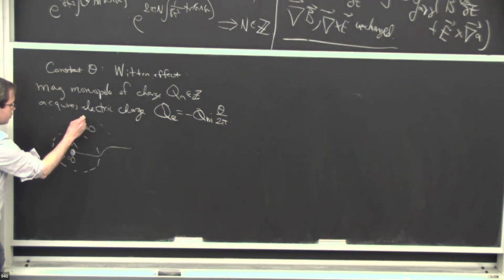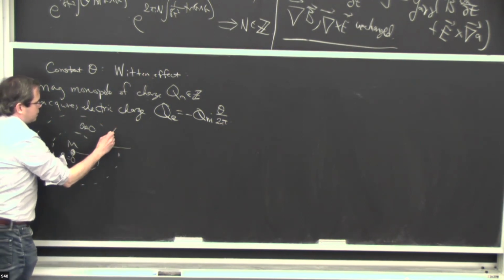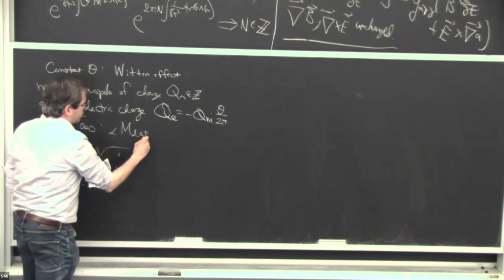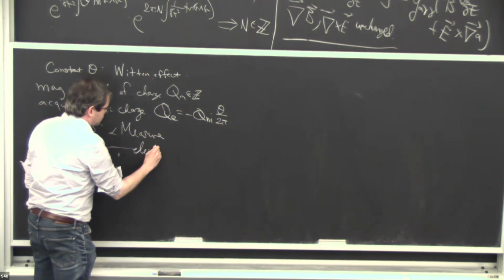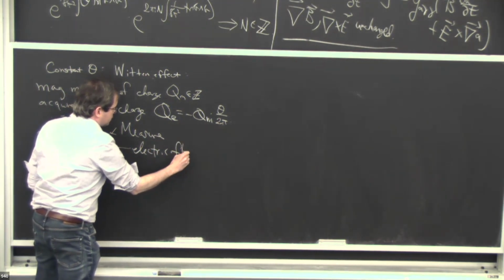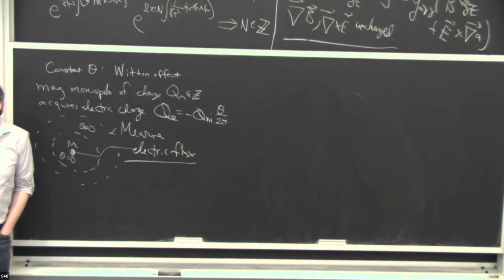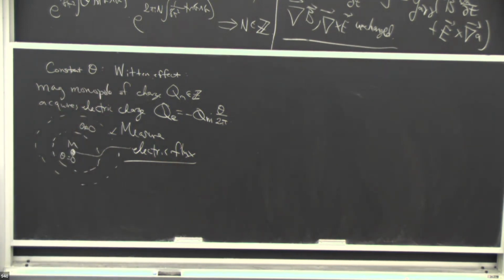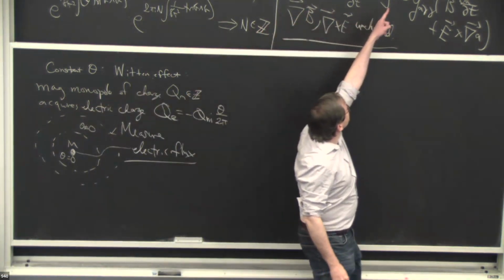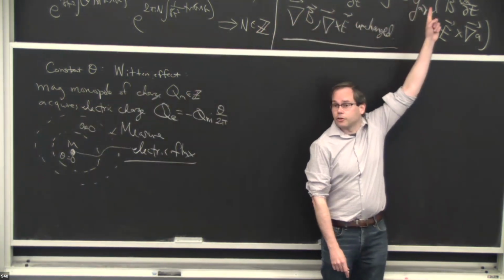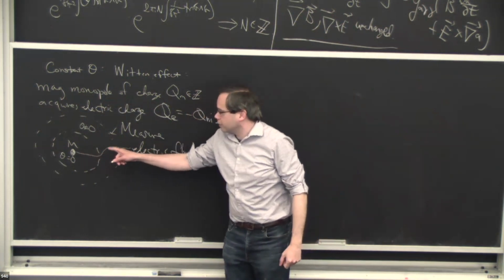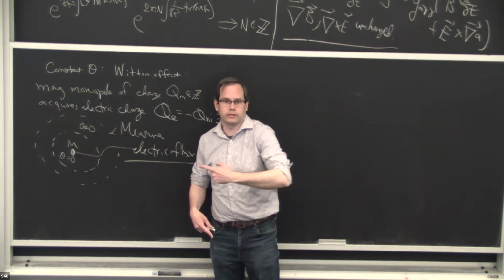Now let me build a surface out here and measure electric flux. And I'll get a non-zero answer. I'll get a non-zero answer because this equation up here tells me I have a gradient of theta that I've turned on here, a radial gradient of theta.